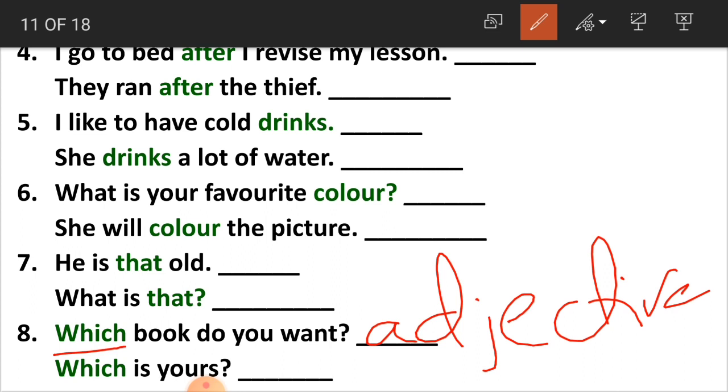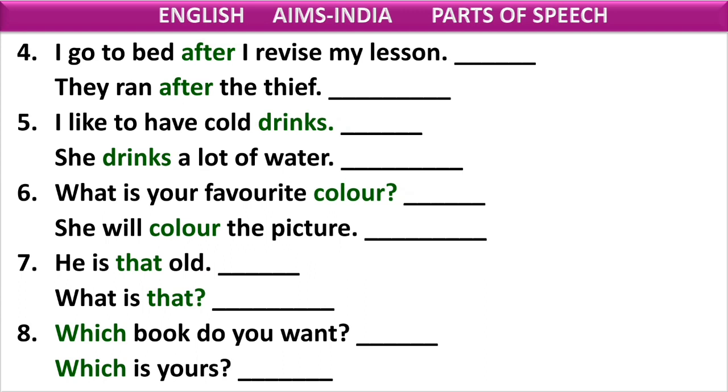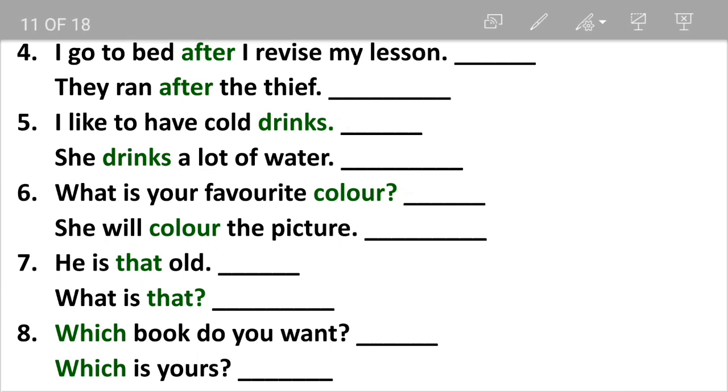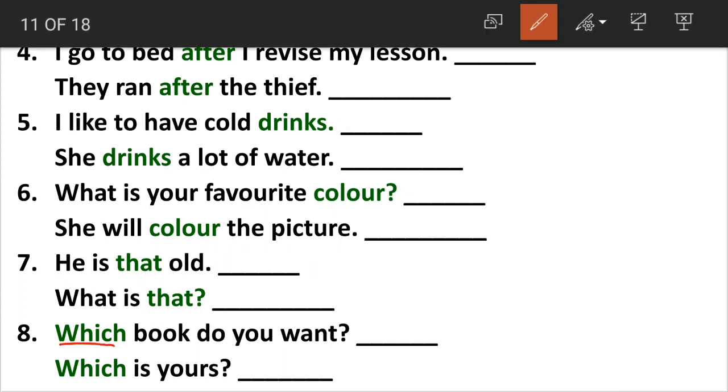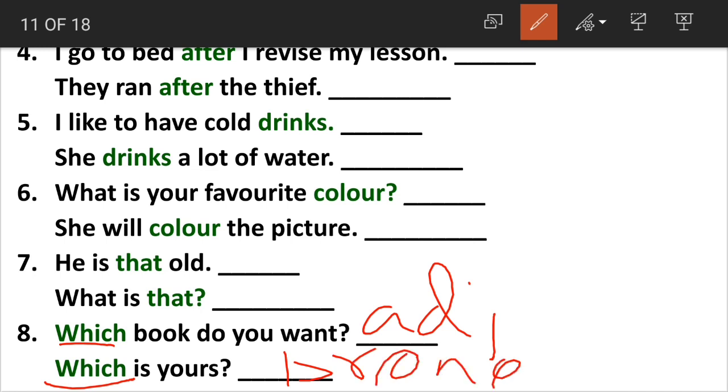Which is yours? Yes children, so which here in this sentence was an adjective, and now as we said, which is yours in this sentence, what will this become? A pronoun. Why is it a pronoun?